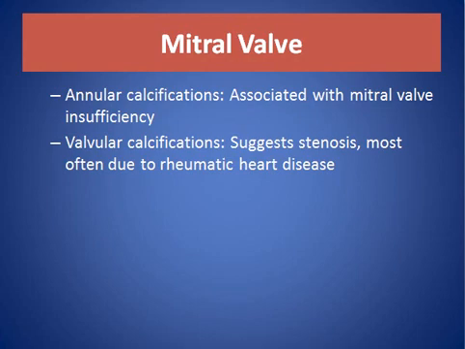Annular calcification is present in about 35% of elderly patients, and it is commonly seen in females above 65 years of age. These calcifications are associated with mitral regurgitation, and they are usually trivial and asymptomatic. Calcification of the leaflets can also cause mitral stenosis.